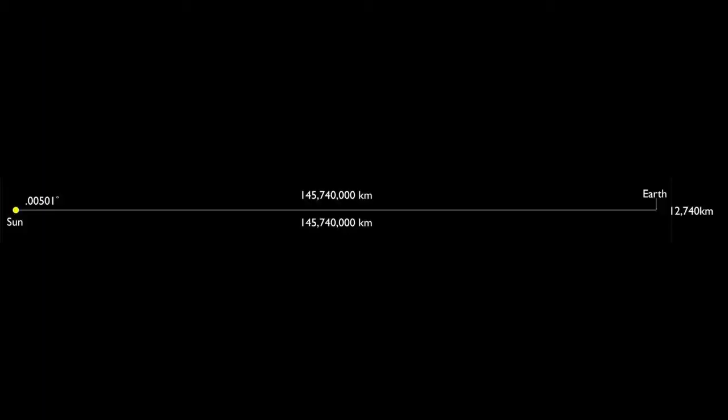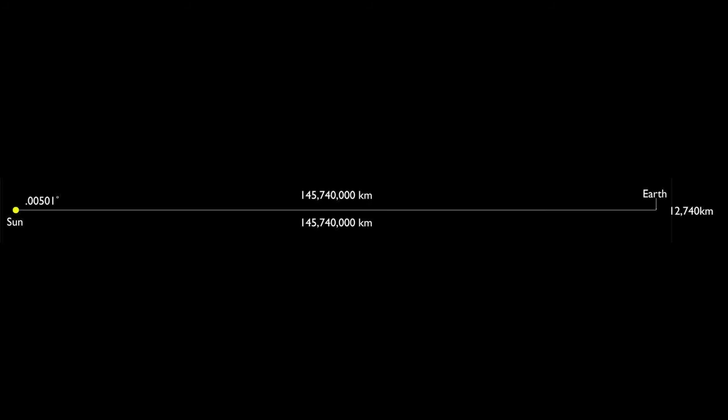But if you look at it in scale, with the two sides of that same angle stretched out over 145.7 million kilometers, now the angle of spread starting from the sun's equator and ending at the diameter of the Earth is only 0.00501 degrees, with the two lines being indistinguishable.